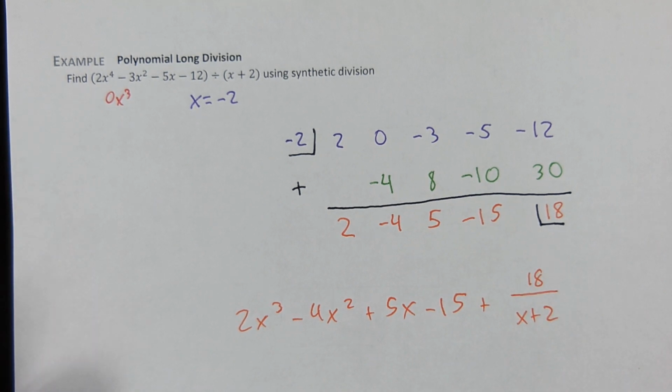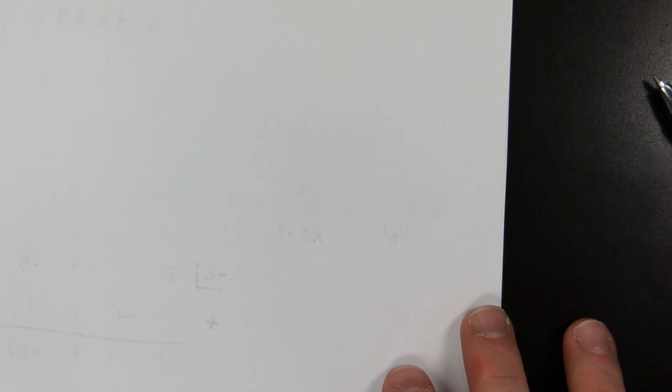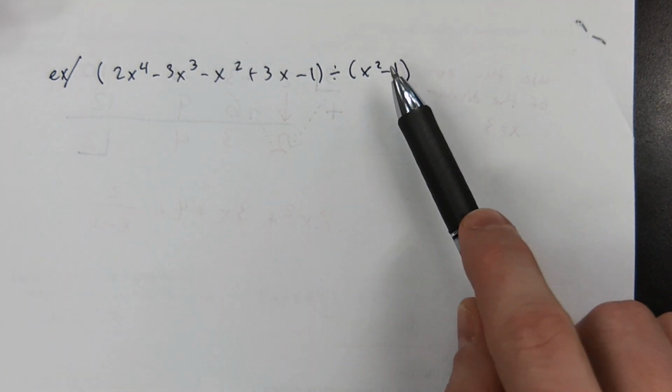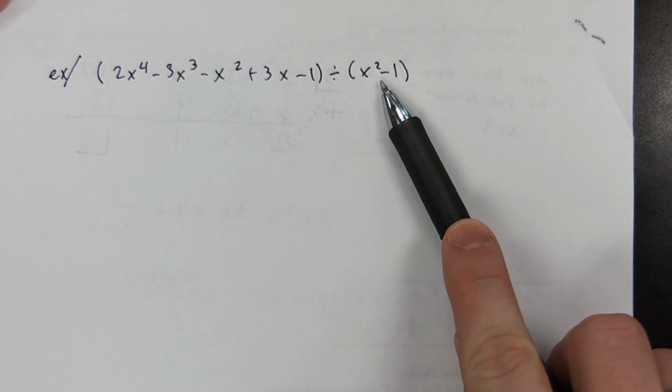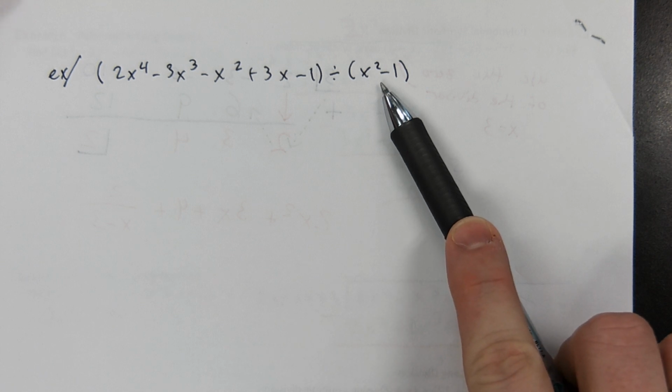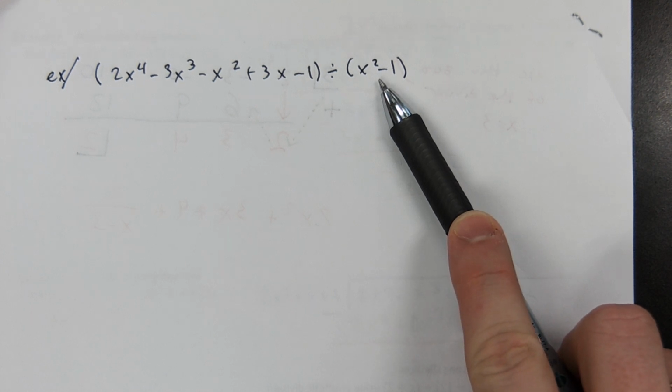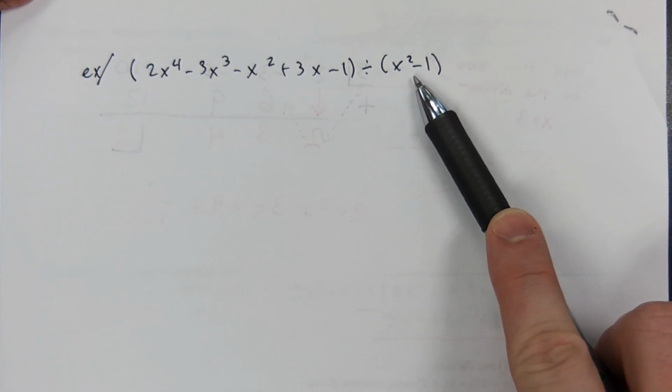Because I would never even try. I've seen what it looks like, and I decided it's not worth that amount of effort. I'll just go to long division. Or, if you know how to factor the divisor, then you could see its zeros, and you could perform synthetic division with the two zeros. You just do it twice.